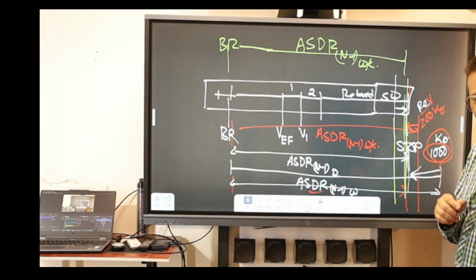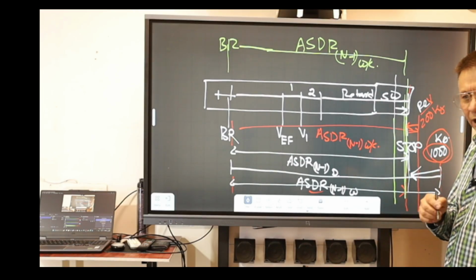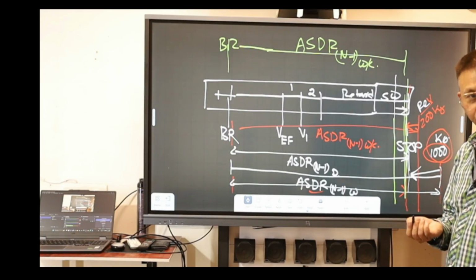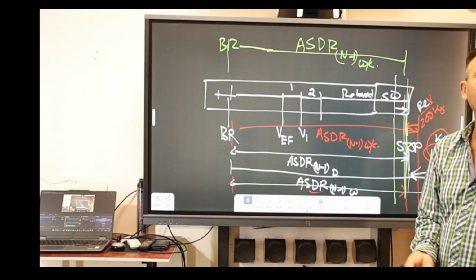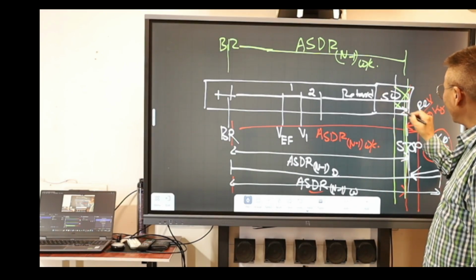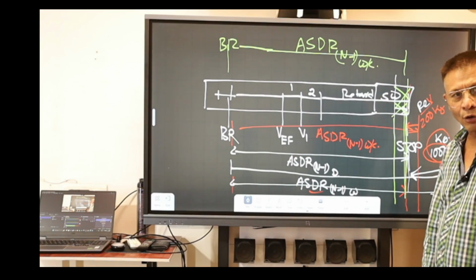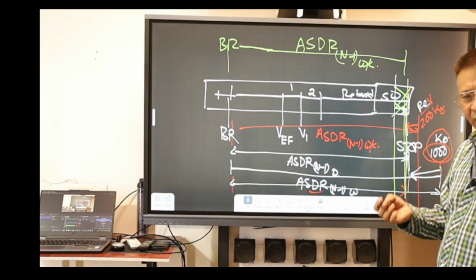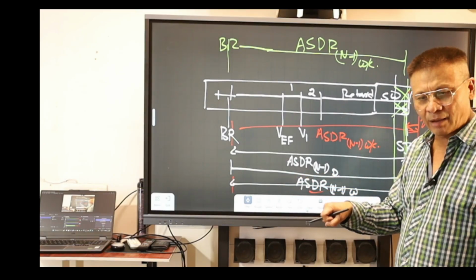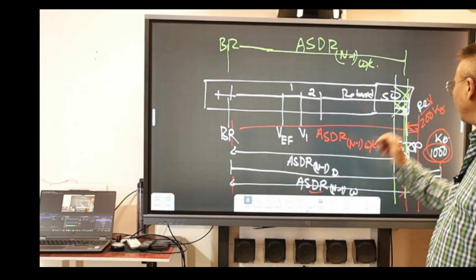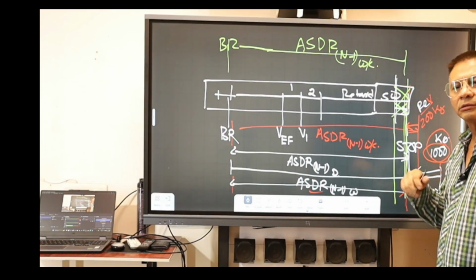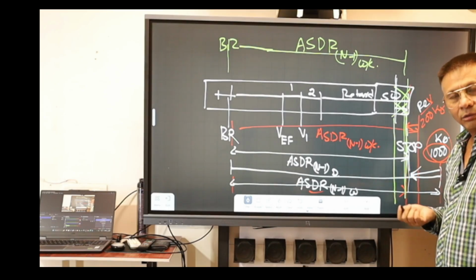Theoretically speaking, this leftover distance can be converted into weight so that you can put additional 100 kgs of weight, for example. But the regulators do not allow you to do so. Because of the use of the reversers, if your ASDR on a wet or contaminated runway becomes lesser than the available distance, you cannot convert it into weight.